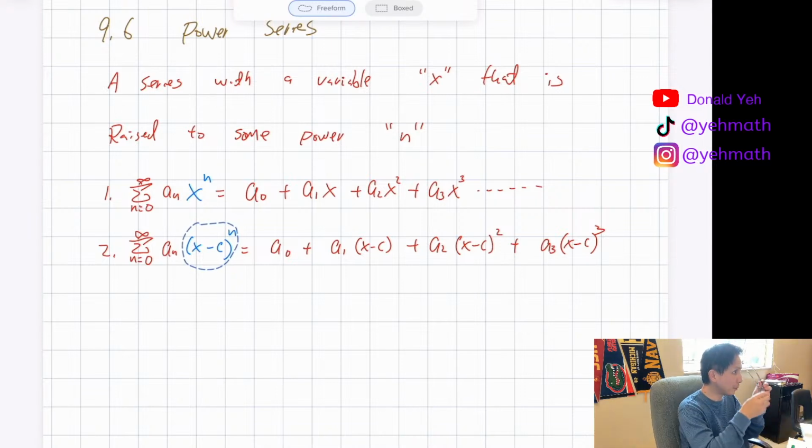Before, we had a series of summation of a_n. We never had a series with a_n and some type of x to some type of power. This is the first time we ever have this. We have all kinds of series with n factorial over n to the n power, n plus 1 over 2n minus 1. We can test convergence with a lot of different convergence tests.